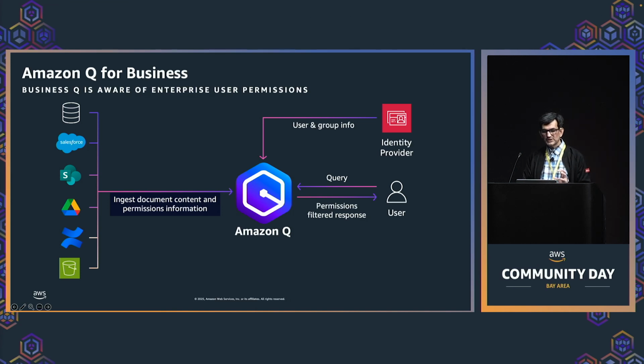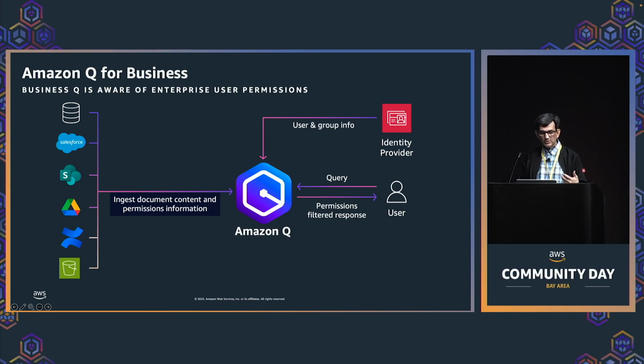Now, it uses IAM Identity Center to support document access control lists. This ensures that users get answers only from documents that they have access to. Let's take a closer look at how Amazon Q is doing it. When you connect your data sources, the Q connector crawls and creates a semantic index for quick retrieval.